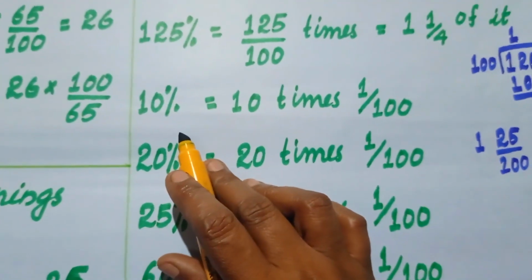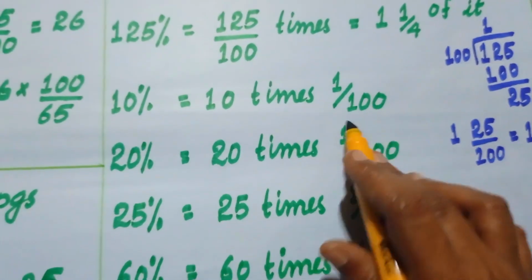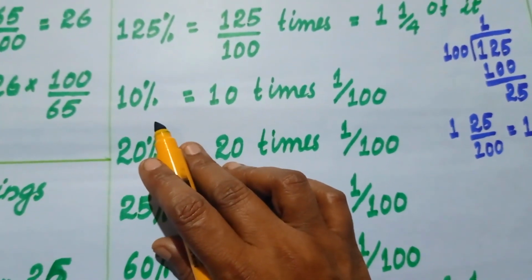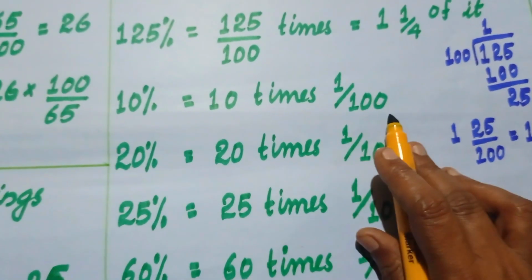10% means 10 times 1 by 100. That is, 10% can be written as 10 by 100 parts or 10 times 1 by 100.